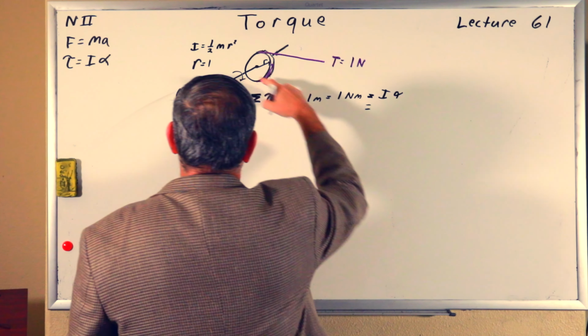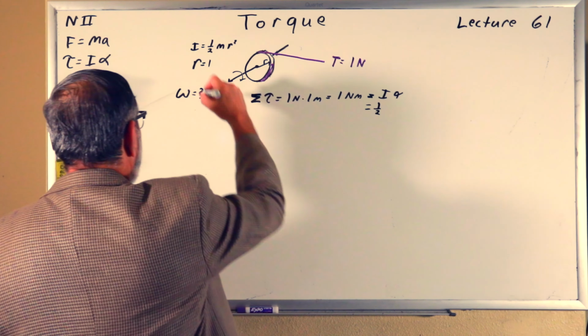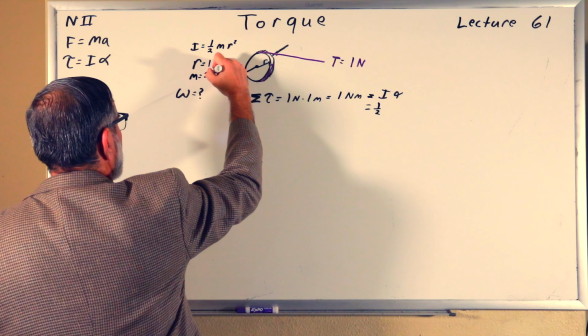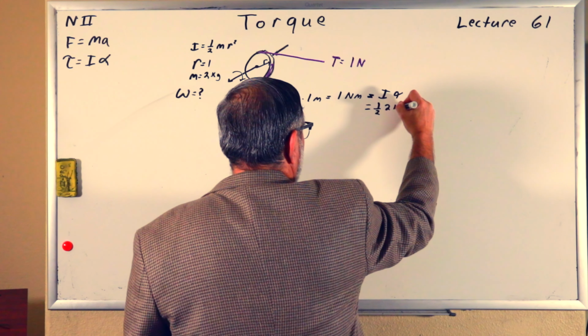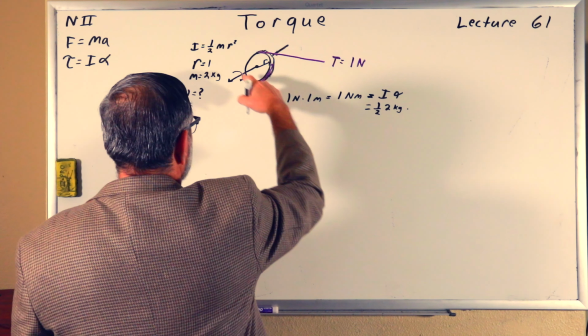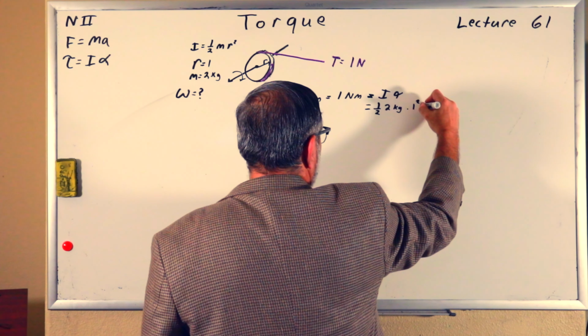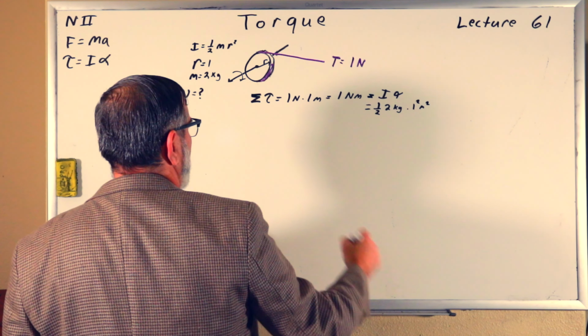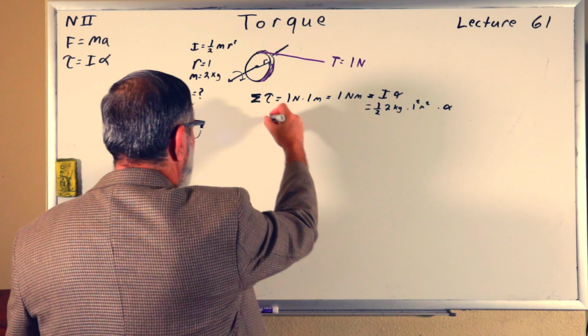Well, I is 1/2 m r squared. We need a mass too now. Mass, we'll let that be 2 kilograms. So that's 1/2 times 2 kilograms times r squared, that's 1 squared meters squared, times alpha. So I can solve for alpha.